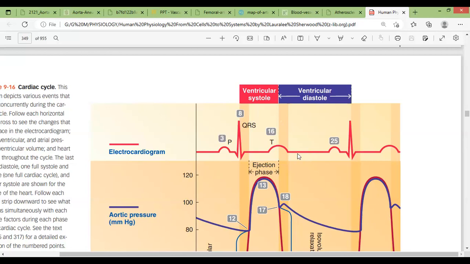That relaxing and filling occurs between repolarization and the next depolarization of the ventricles, so between the T and the P, which is literally what Hiral had said before.